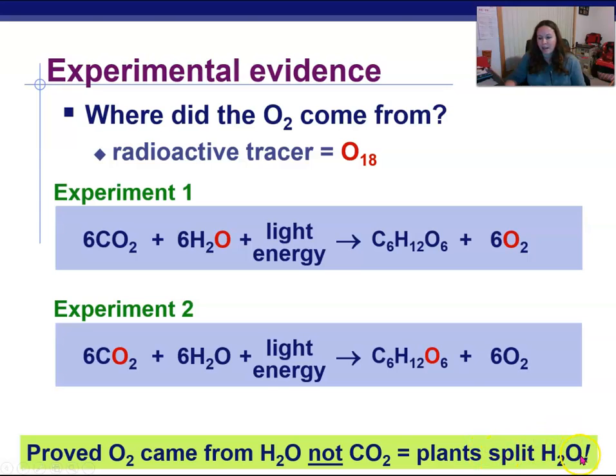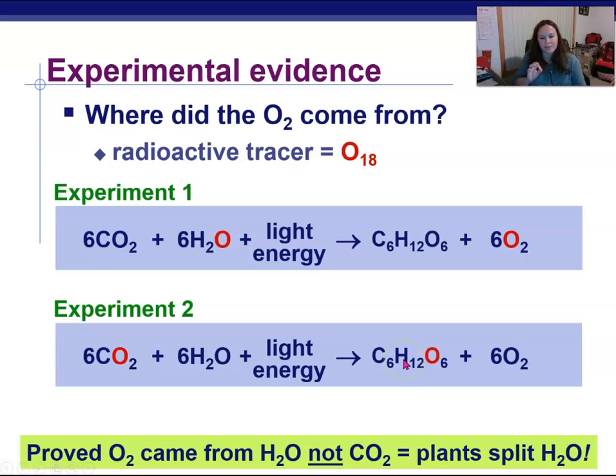So plants split water. The carbon dioxide, the carbon and the oxygen, is going to go into glucose. To give you a clue of what's going to happen in the Calvin cycle, look at the recipe for glucose. We need carbon and we need oxygen. All right, we got that in carbon dioxide, but we also need hydrogens, right?